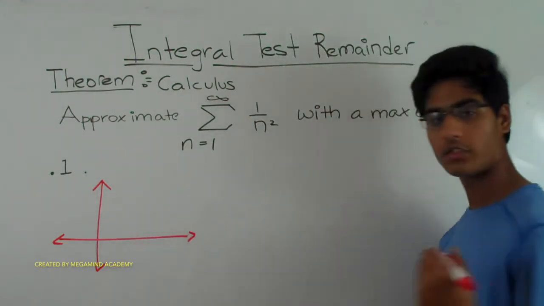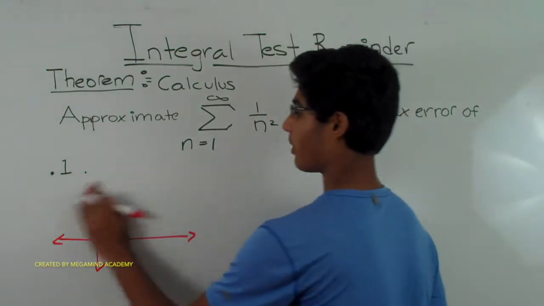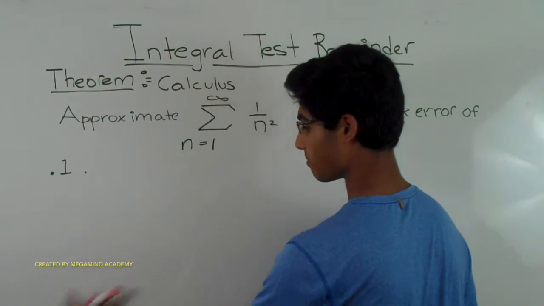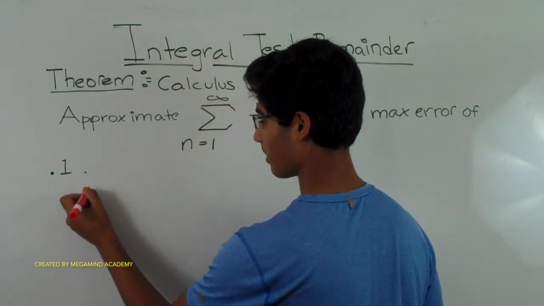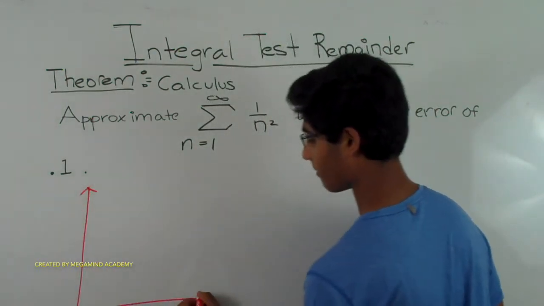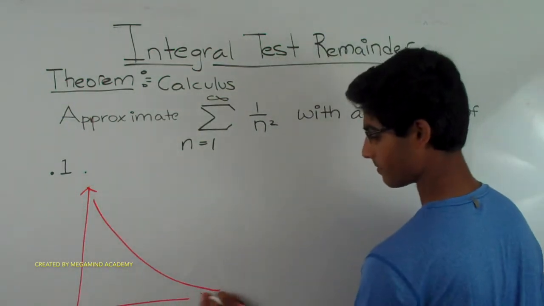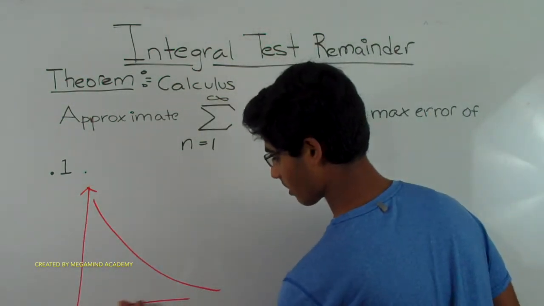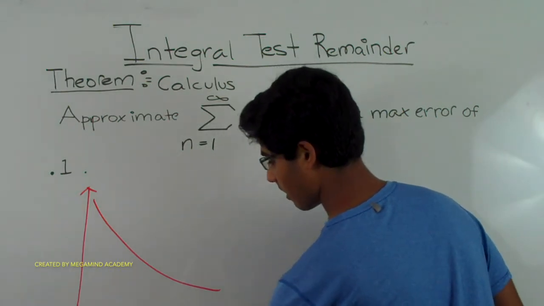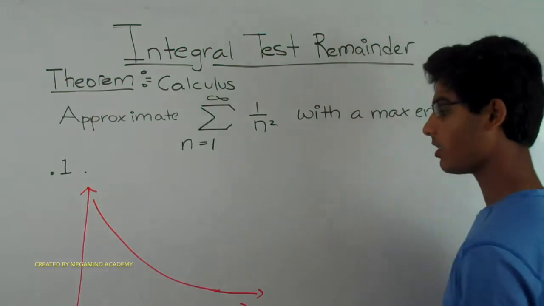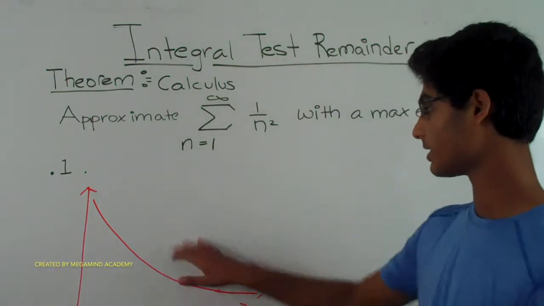So, let's just draw some random function and try to figure out a way that we can do this. Let's say this function is positive, so we can get a bigger graph. Let's say it comes down like this. And so we want to approximate the series.